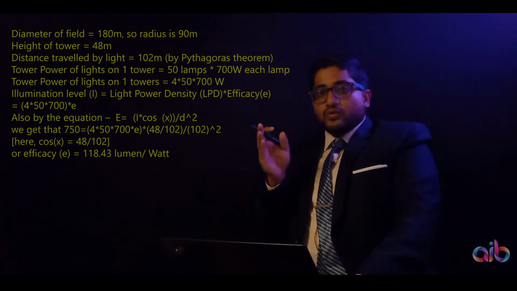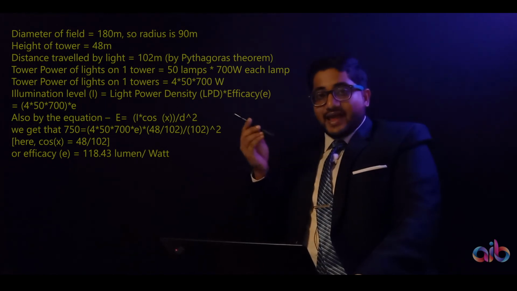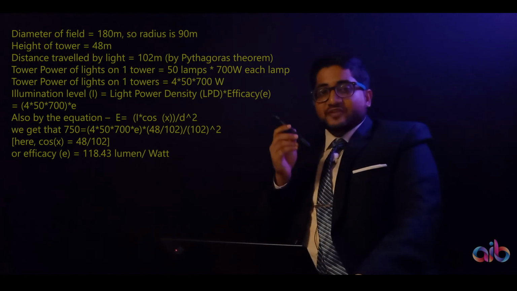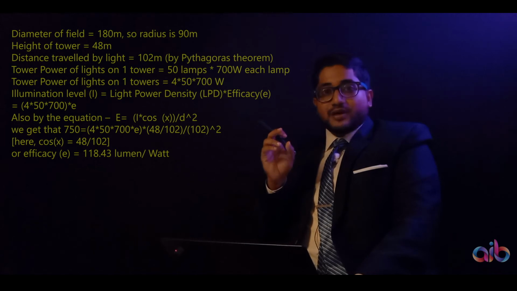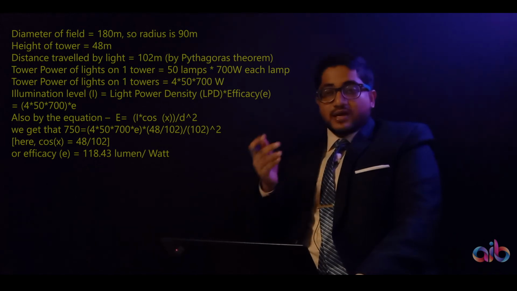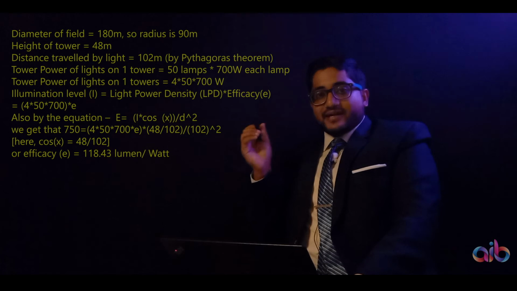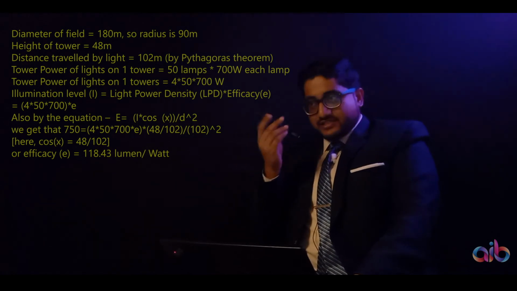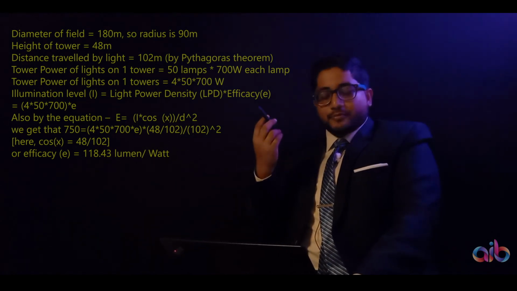Now you know that the light is traveling at an angle towards the center of the field. For that purpose, E equals I cos theta by d squared would be applied, inverse square law they have mentioned. E equals I cos theta by d squared, where d is the distance the light is traveling, squared, inversely proportional.